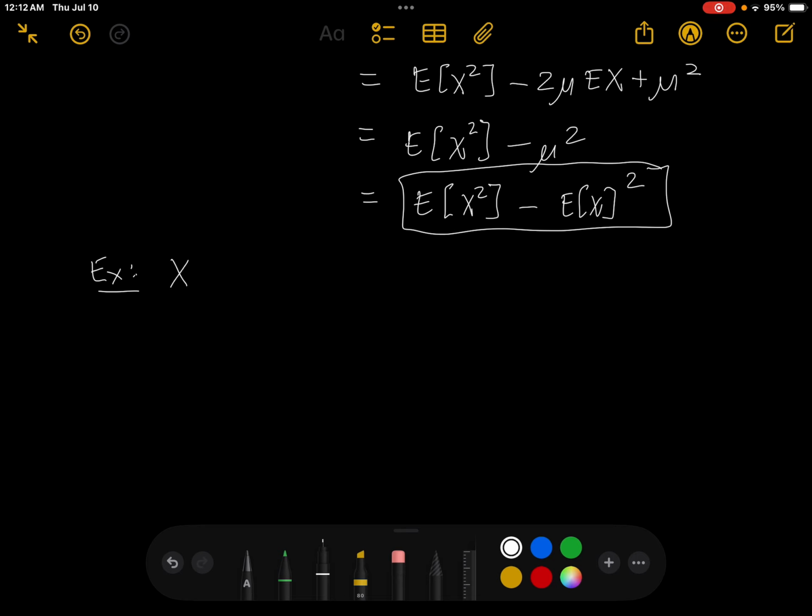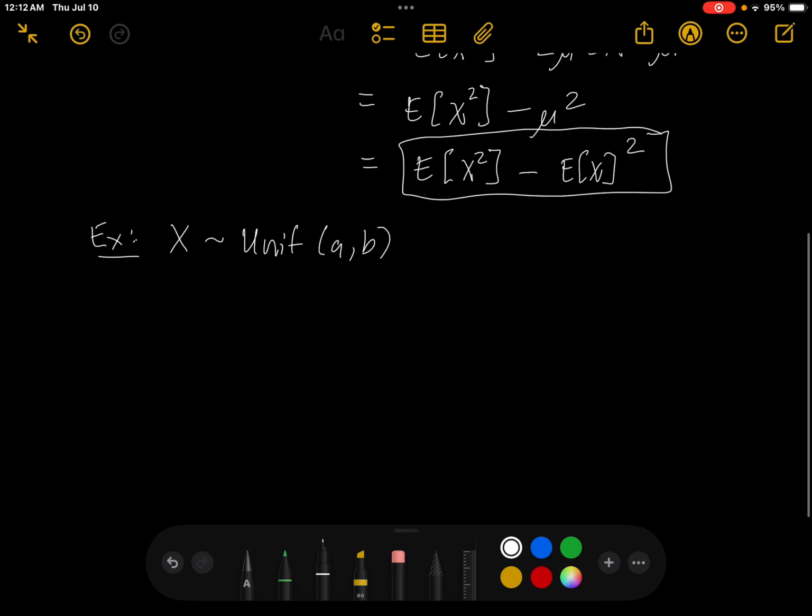Suppose that X has a uniform distribution on the interval [a, b]. Well, what is the variance of X? That's the question.